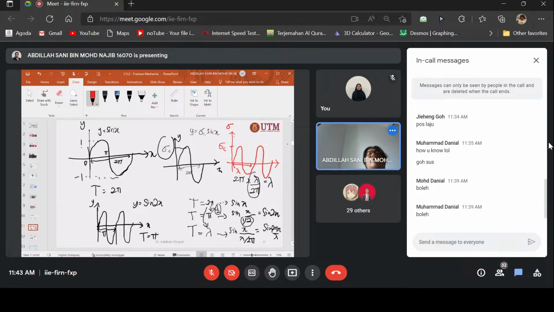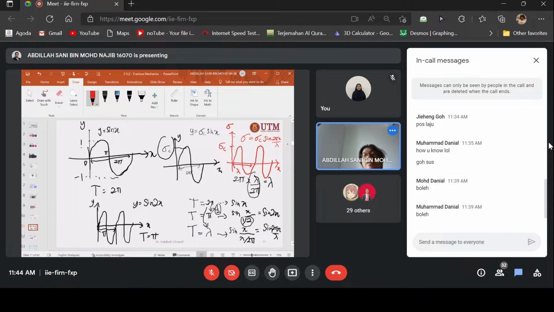So what function are we going to get is sigma, because y we change to sigma, equal to sigma c, which is the amplitude, sine 2 pi x over lambda.